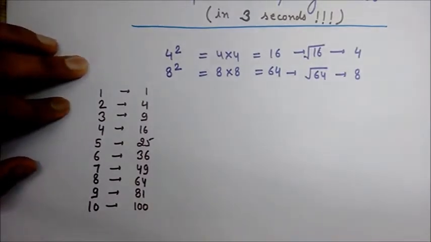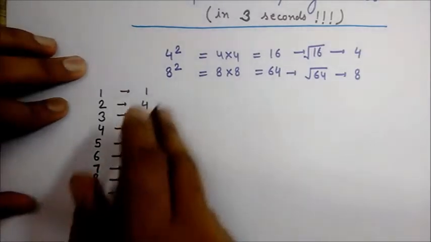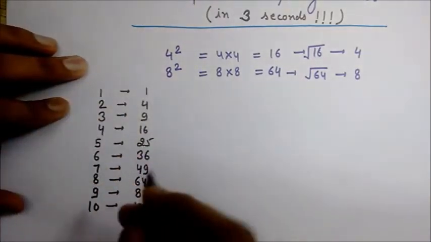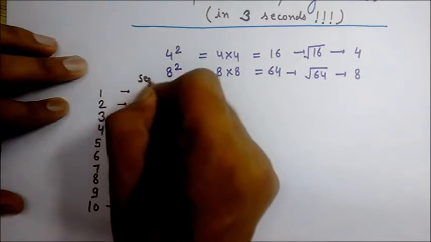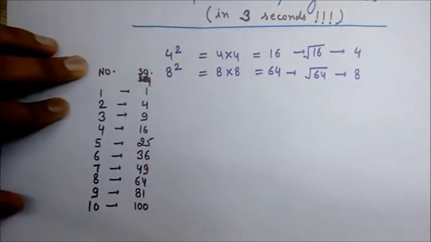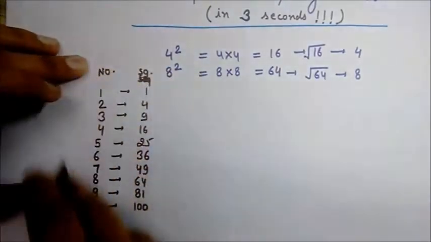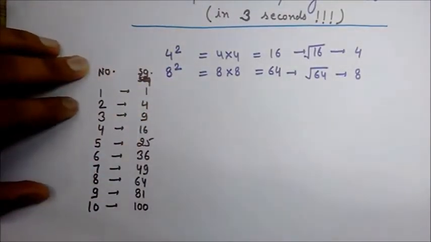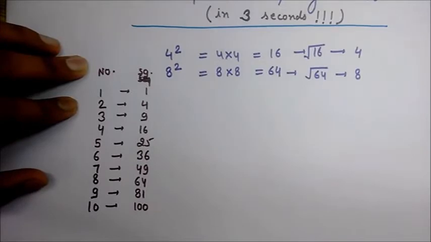Now let's take an example. We will use this table of squares. These are the squares and these are the numbers up to 10. So we will use this table to find the square root of some big numbers. So how to do this?